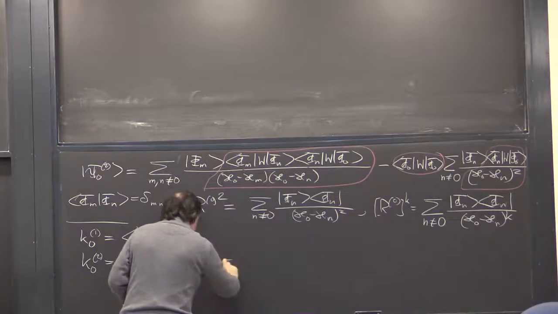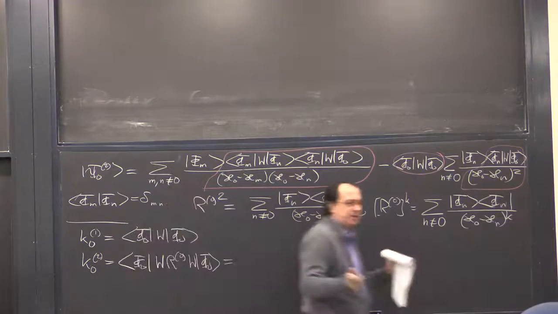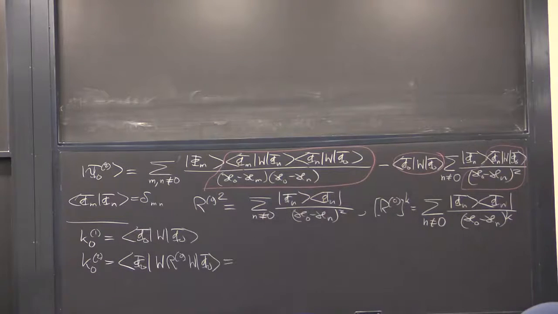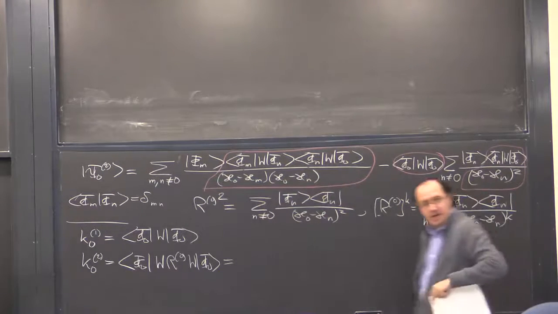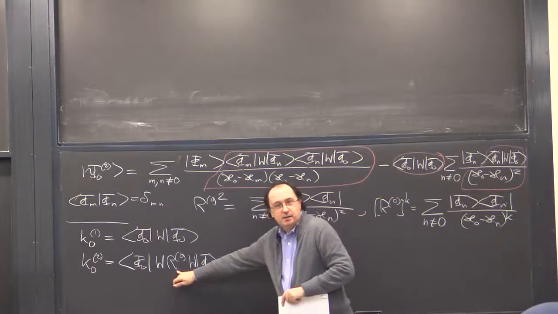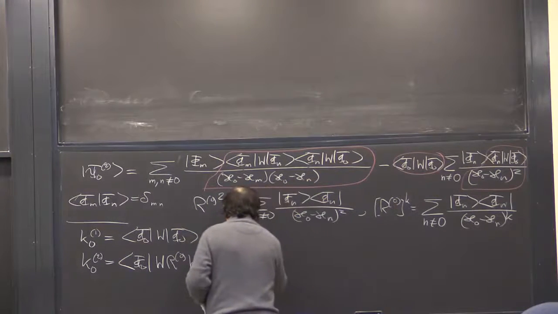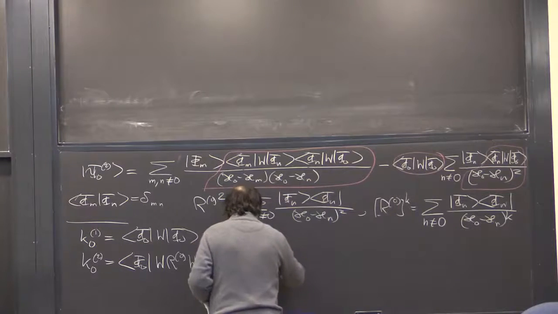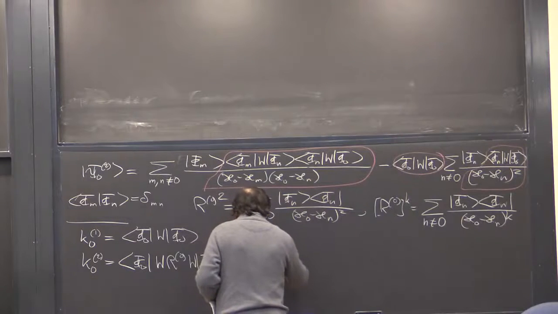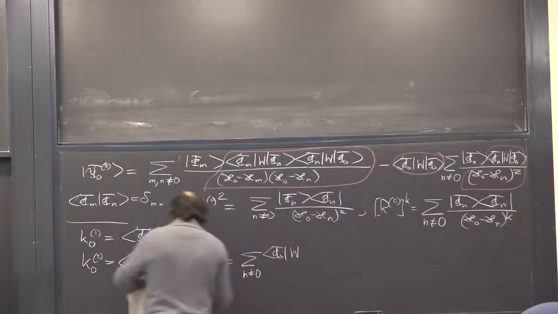And second order is phi 0, W, R0, W phi 0. I think I asked you last time whether you have seen the equation. Some of you said, well, maybe yes, maybe no. Okay, well, how about that one? I'll now stick the R0 from our spectral representation, okay? What happens is, the summation over n different than 0, you have phi 0, W, okay?